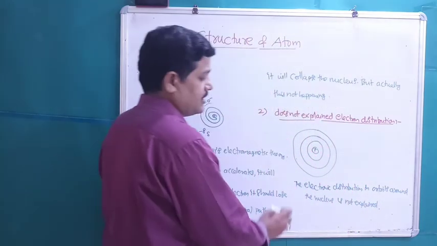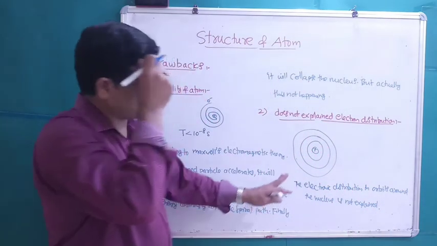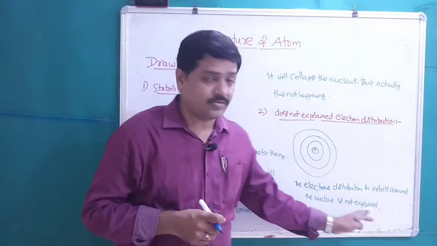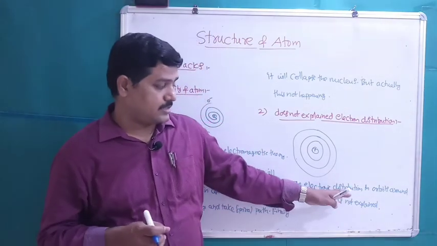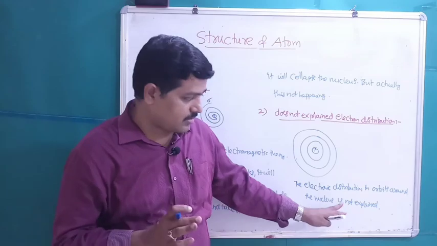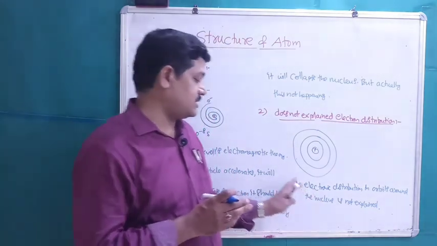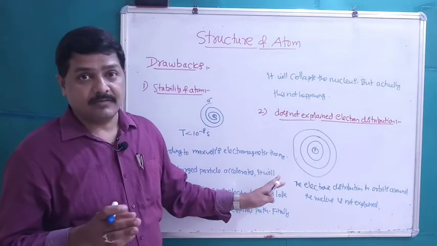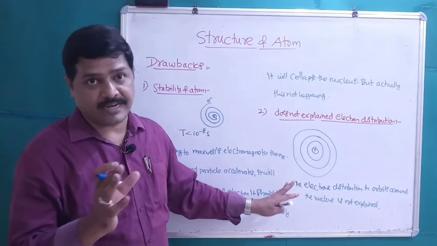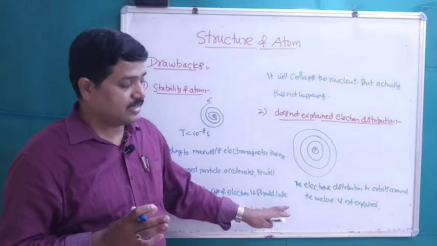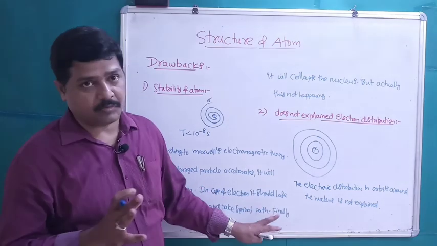So then there is a problem with this model. Either this Rutherford model is wrong, or the electromagnetic theory given by James Maxwell may be inadequate. So then scientists tried to give an appropriate model.